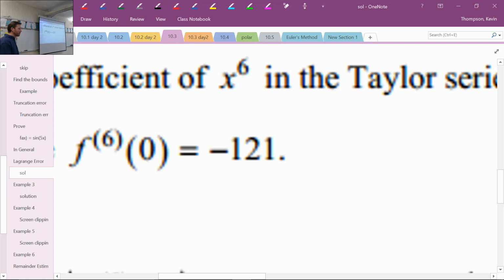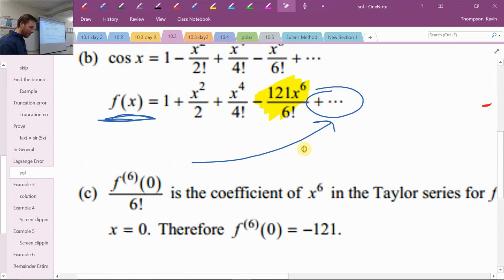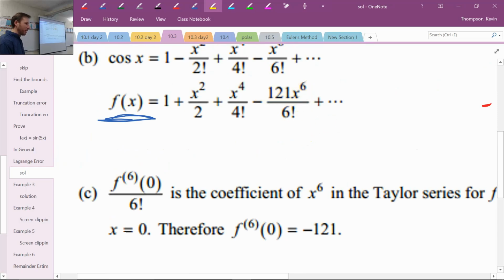Megan's right. Okay. Megan, care to explain? Listen to Megan, please. Give it a try. I'll help. Yep. It's just the sixth derivative evaluated at 0, like the coefficient of the function. How come you ignored this, 6 factorial?